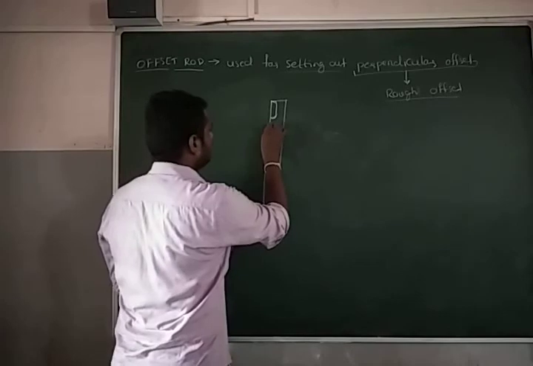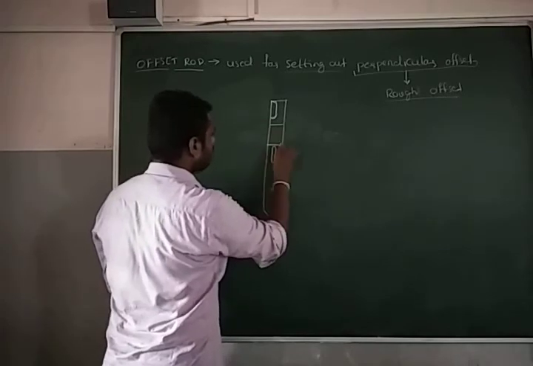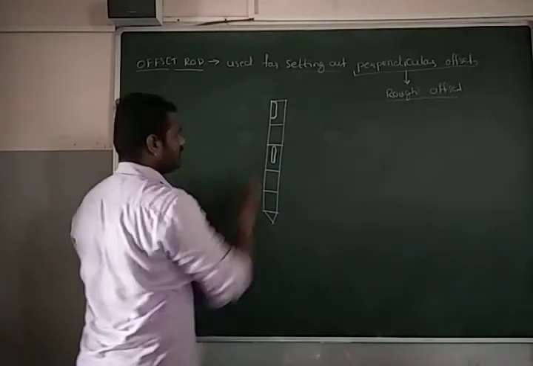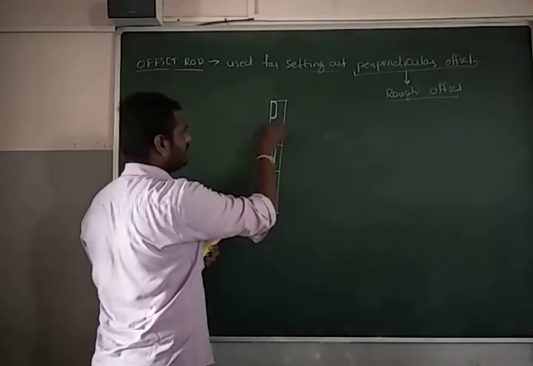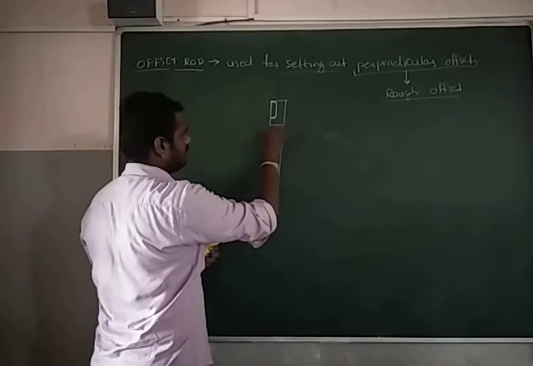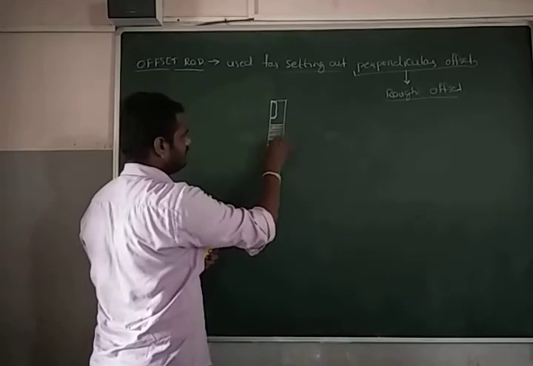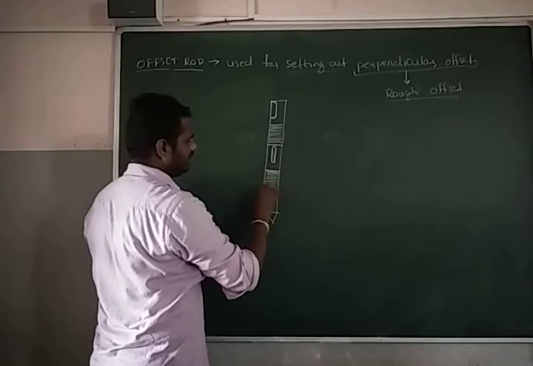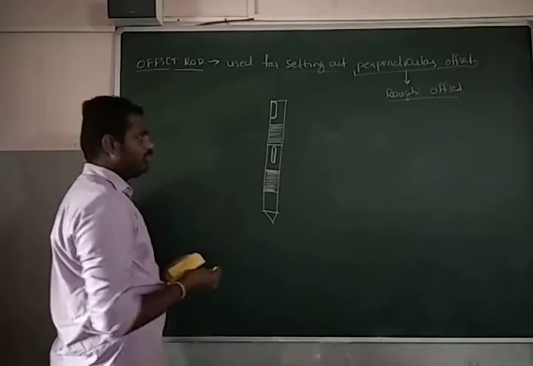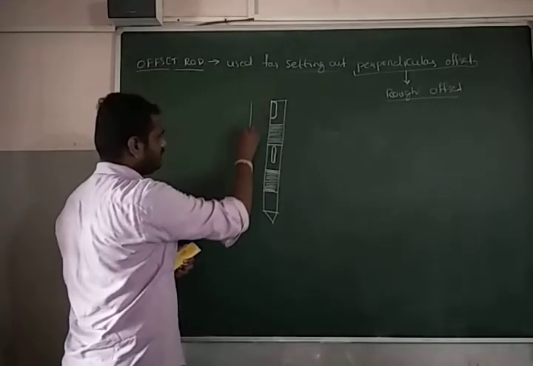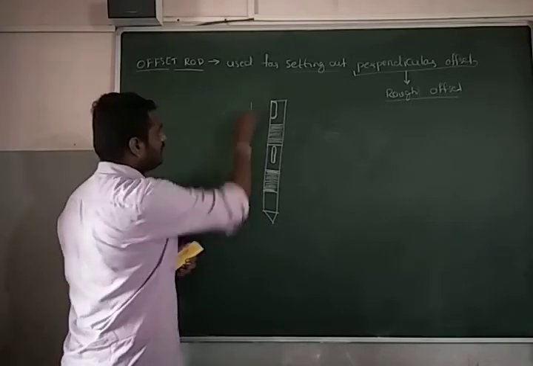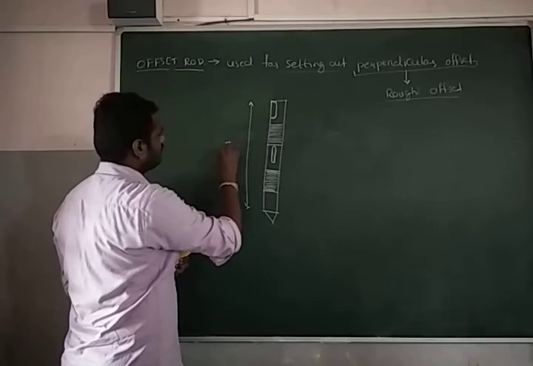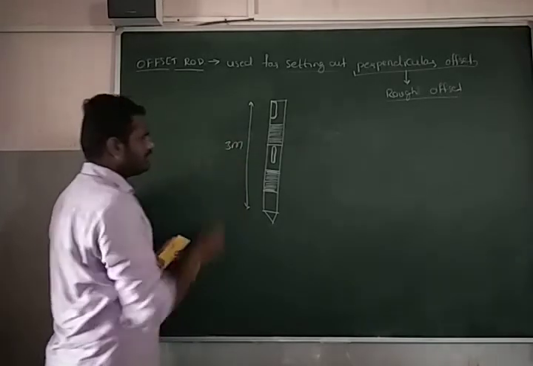This is also divided into a number of segments, where alternate segments are colored. This segment is colored, then white, and again colored, then white, and so on. In most cases, the height of this offset rod is 3 meters.